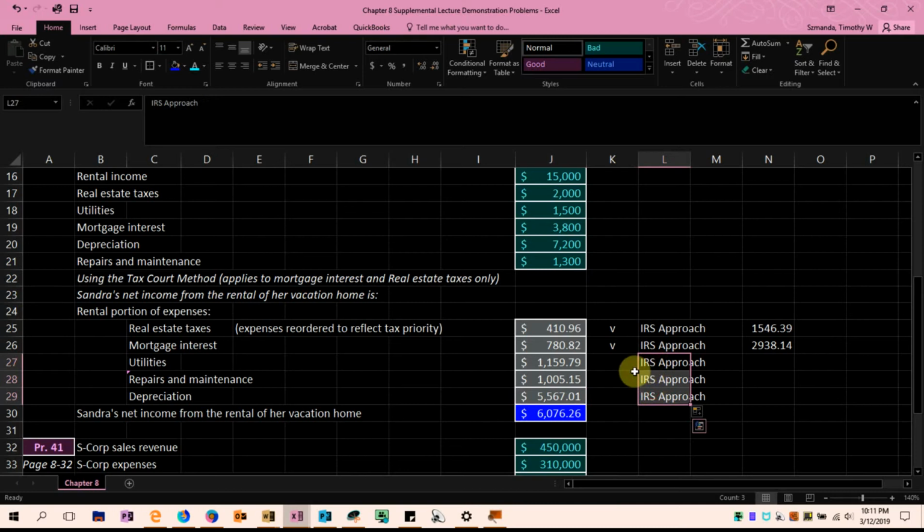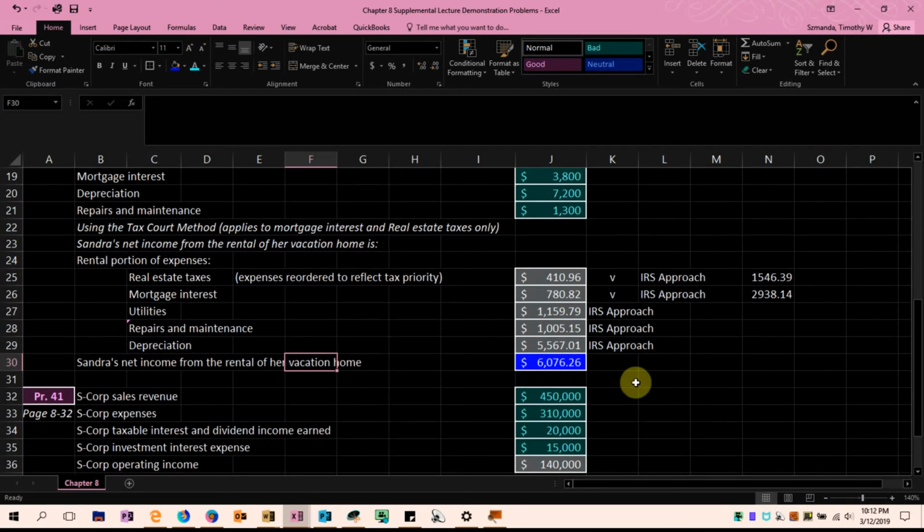So here, as I'm going to slide this over to make it a little bit easier to see, we have no choice. We have to use the IRS approach. As I said up here we're using the tax court approach, just for these two expenses. We are not allowed to use the tax court approach for any other expenses.